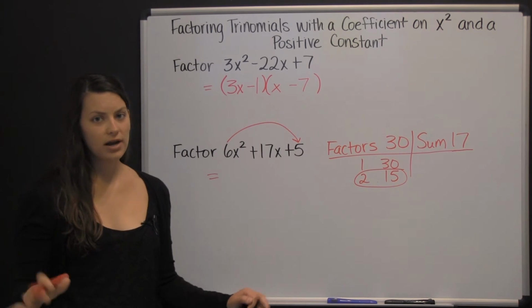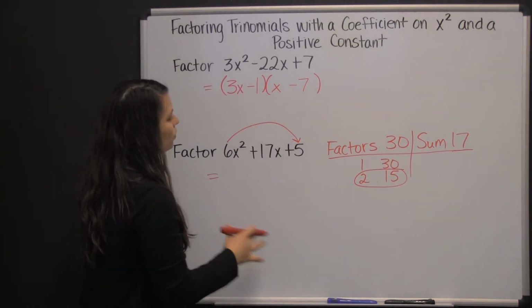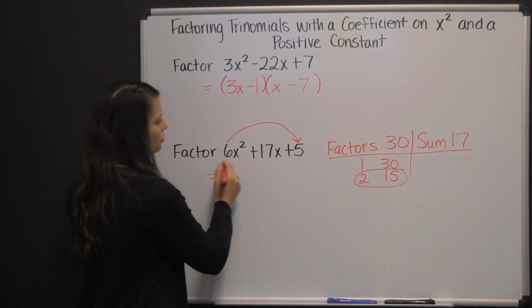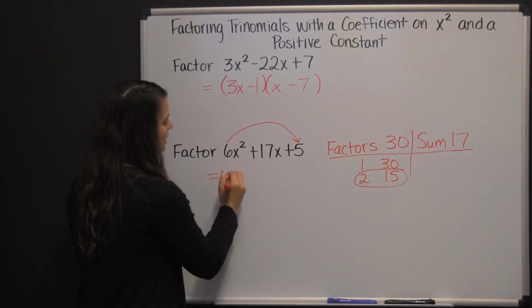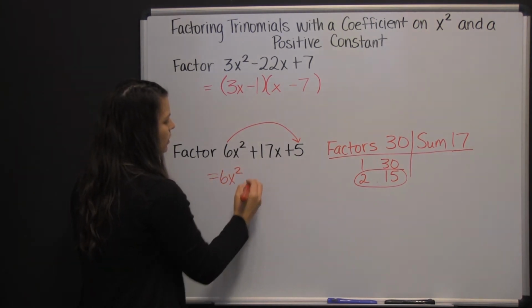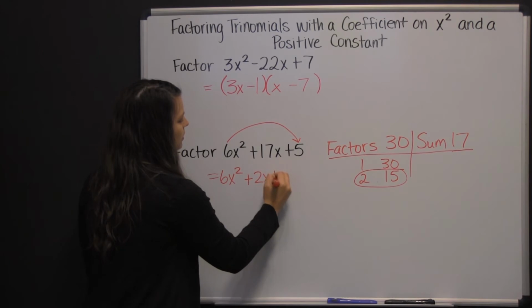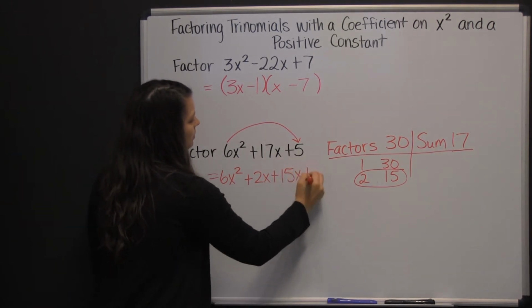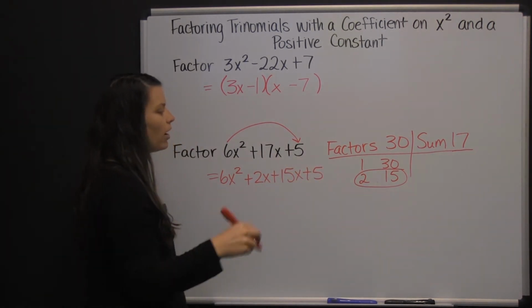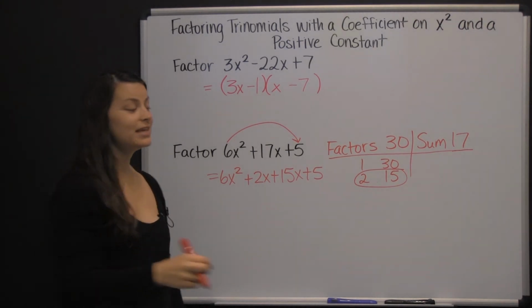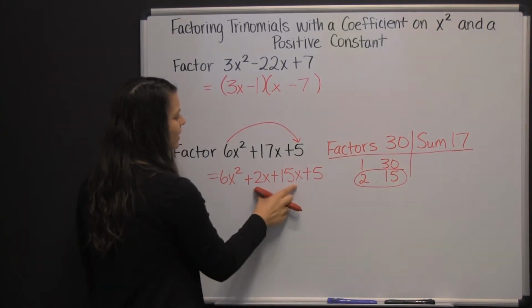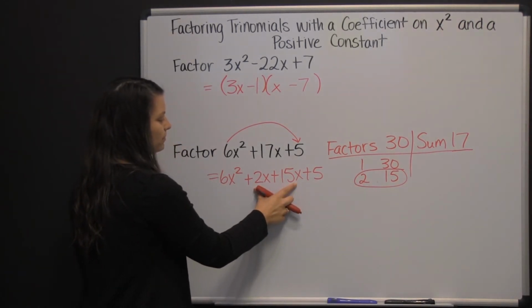So we're going to use these factors to rewrite this trinomial as 6x squared plus 2x plus 15x plus 5.